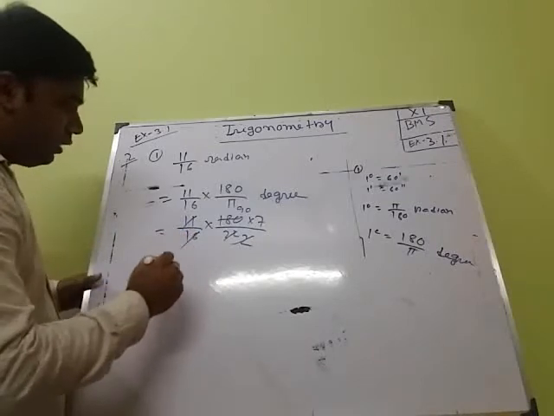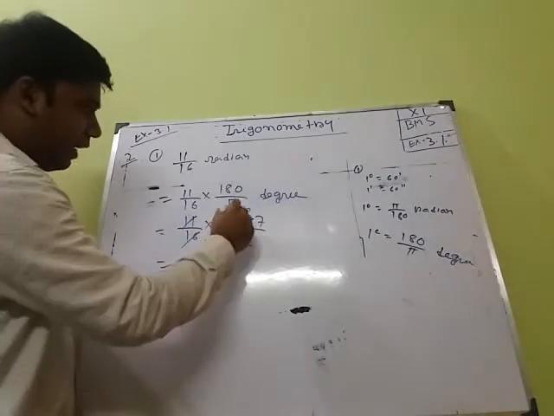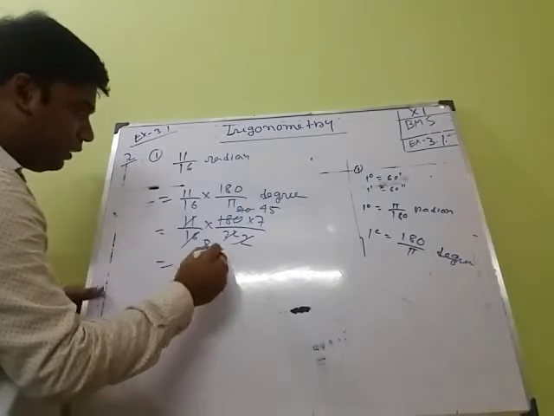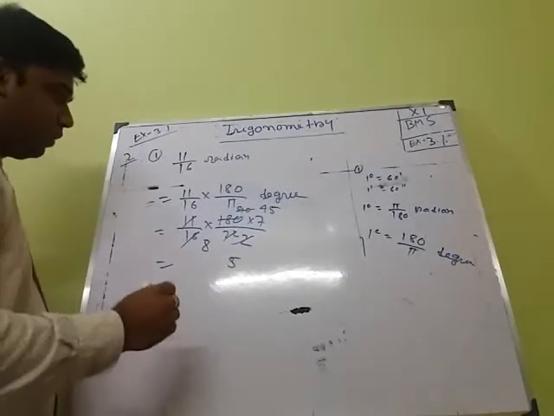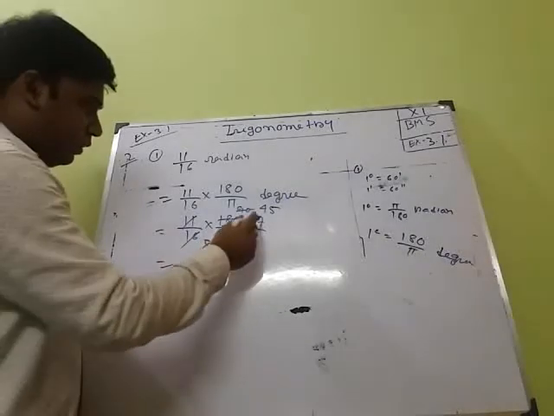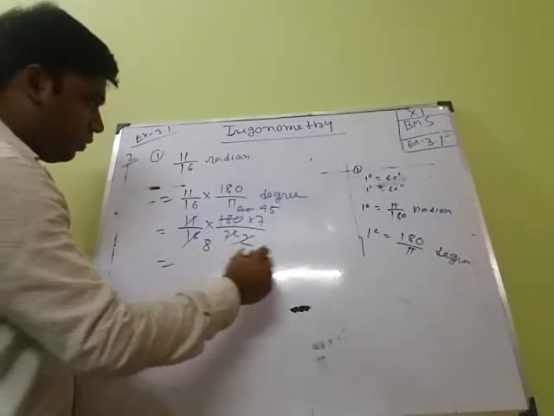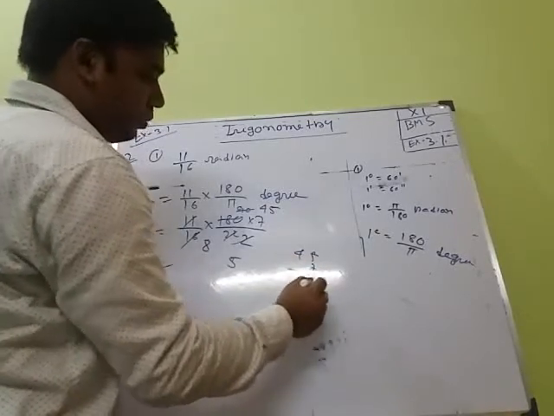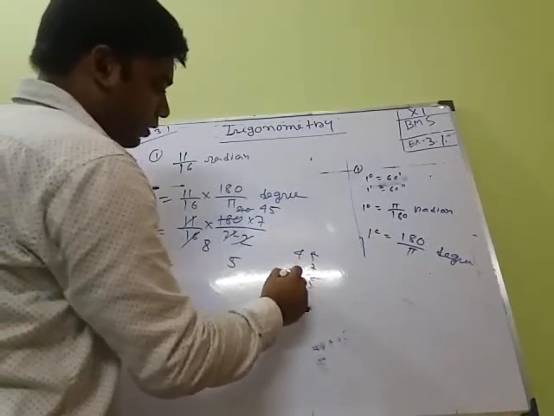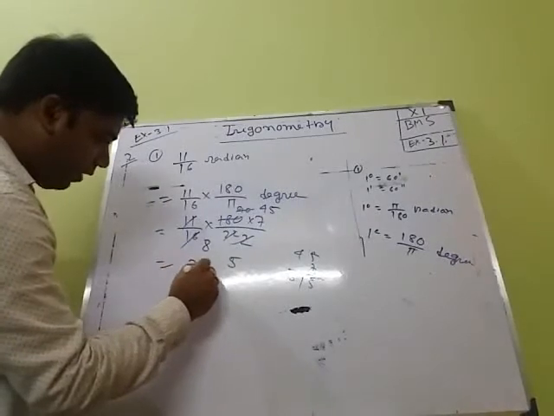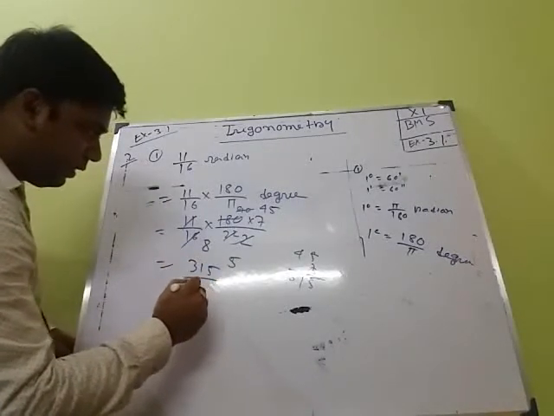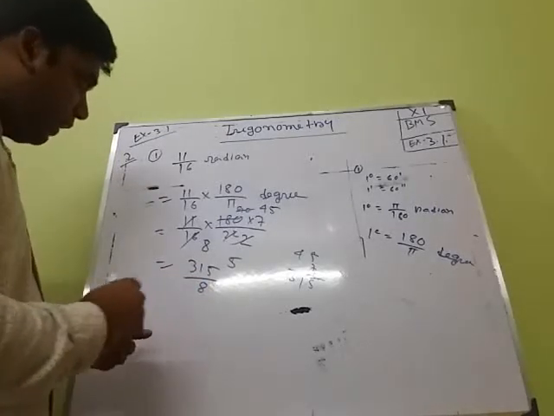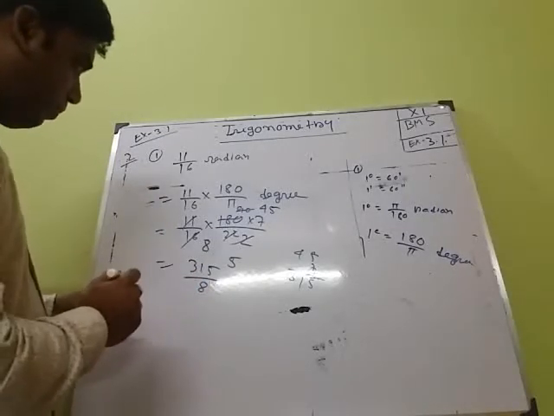If I reduce it by 2, that is 8 and 45, so 45 into 7 is 315 by 8.